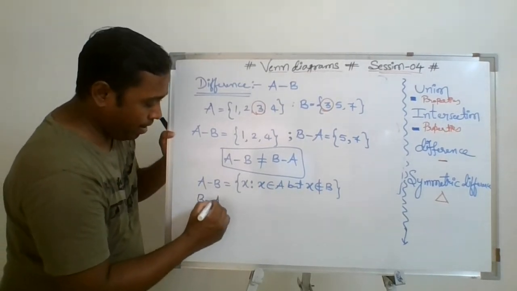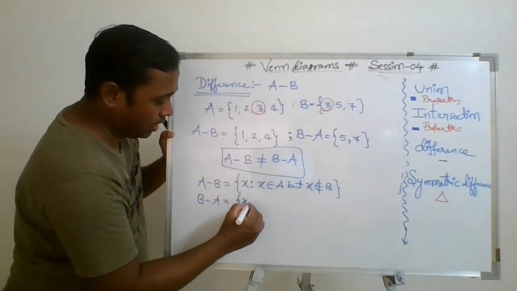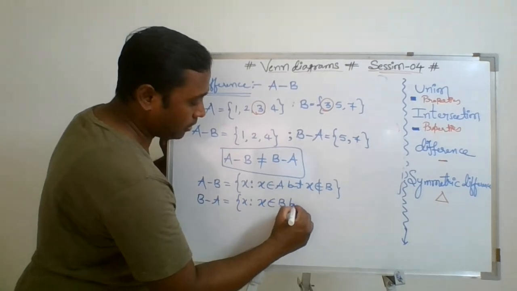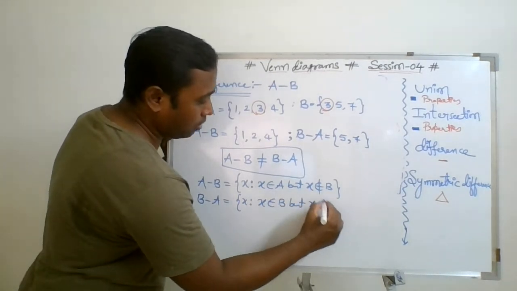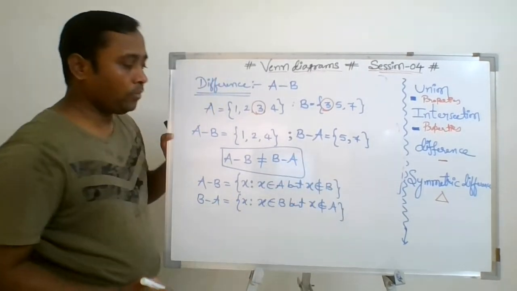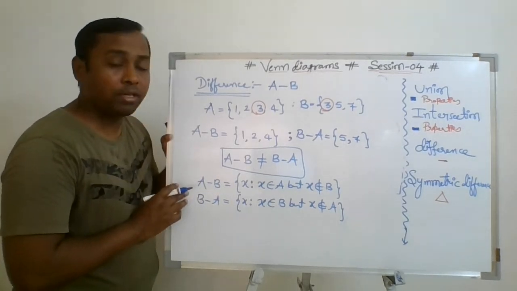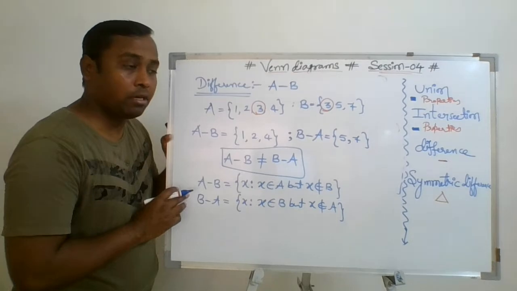Similarly, B minus A is written as x such that x belongs to B but x does not belong to A. So this is the roster form we have understood, and the same can be represented in set builder form.